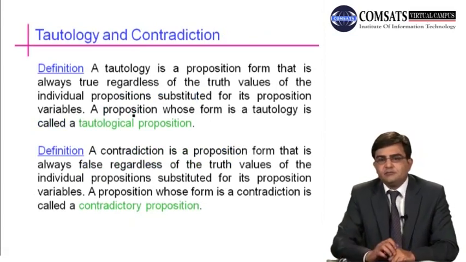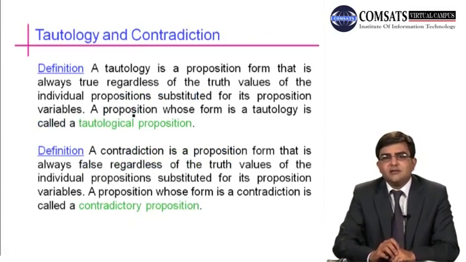Next, we'll study tautologies and contradictions. Now, what is a tautology? By definition, a tautology is a proposition form that is always true. A compound proposition can also be a tautology, or a simple proposition can also be a tautology.